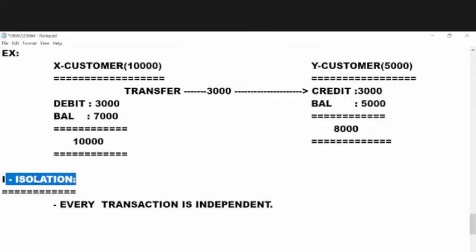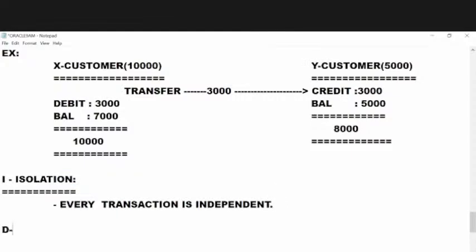How many transactions can I do with ATM? 3 transactions. But if you do more than 3, what happens? It shows that your transaction limit is already over. Some kind of message comes to us. So every transaction is independent, and that is maintained by the isolation property.